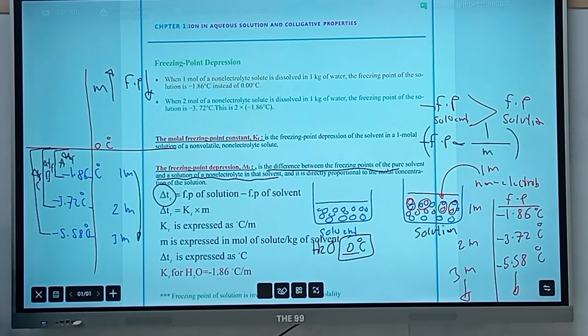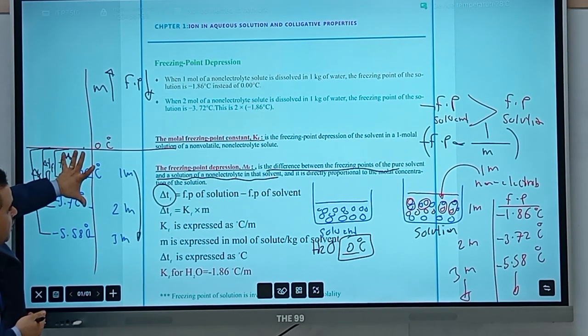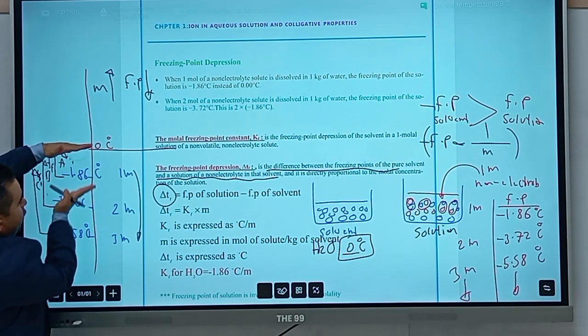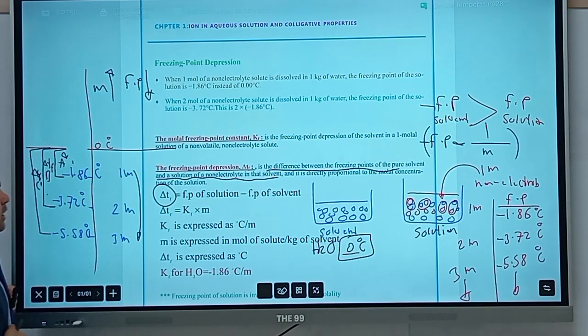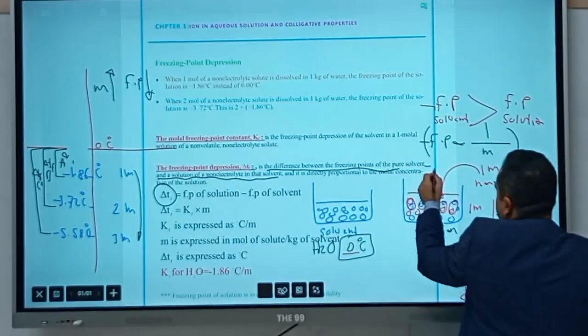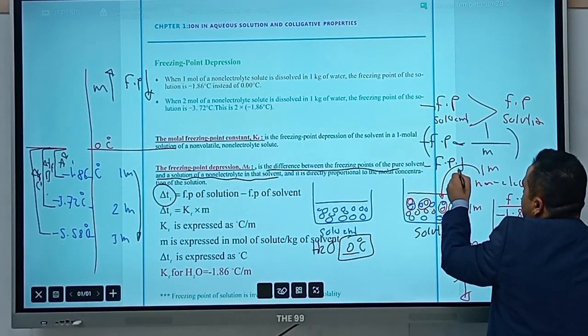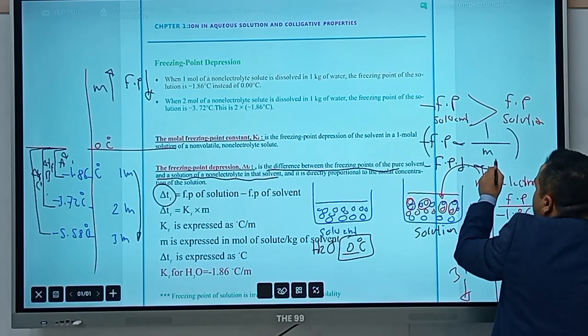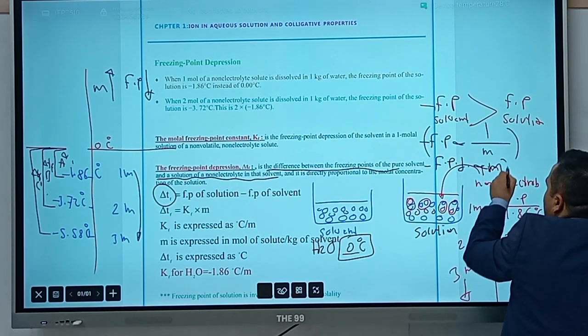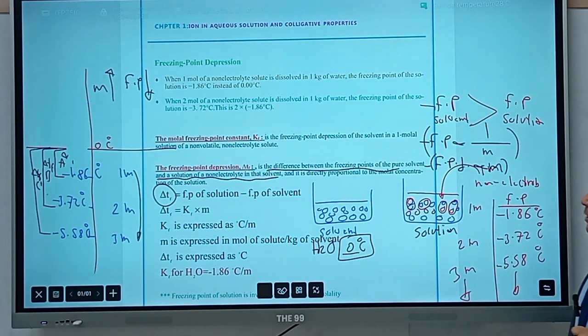So as molality increases, the freezing point decreases, but the freezing point depression increases. The second relation can be stated: freezing point depression is directly proportional to the molality.